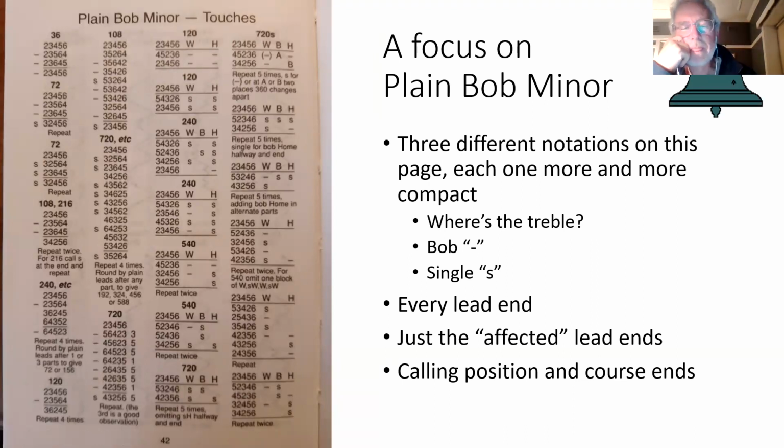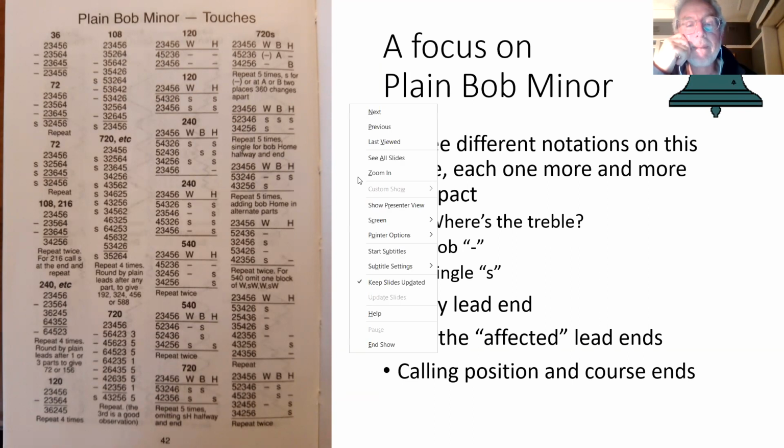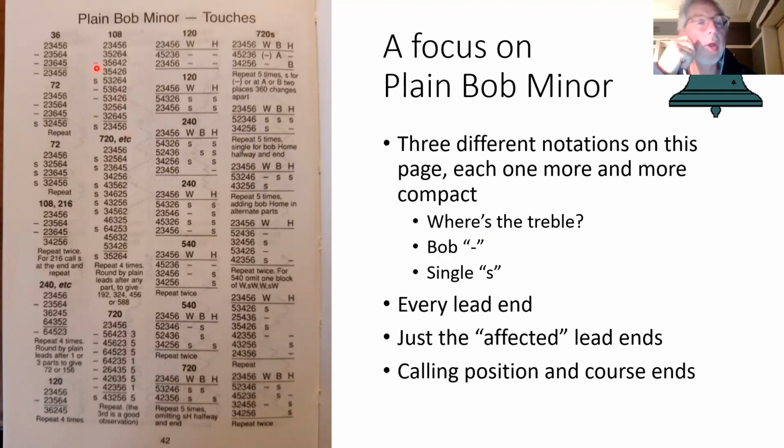I think if you right click, you might get some options for your pointer, like a laser pointer, so that when you click it, we just see a dot. Pointer options. There you are. Oh, nice. Can you see the dot all right? Yeah. Terrific.